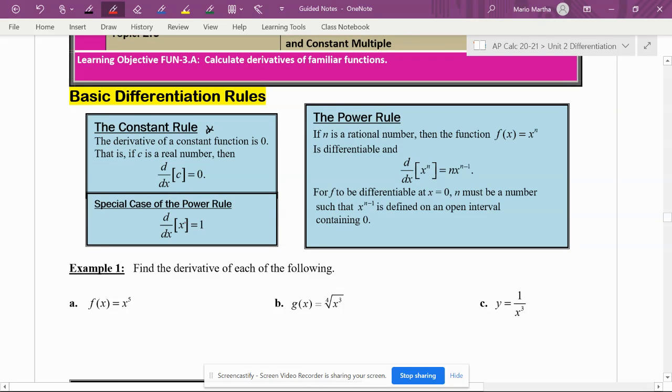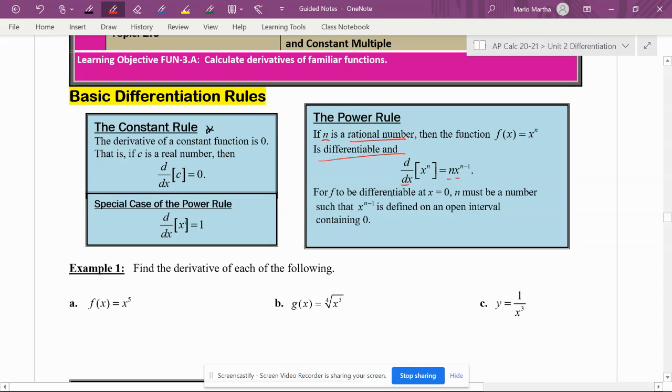Whenever you have x to the first power, the derivative of the function x with respect to x is equal to 1. And then the other power rule: if n is a rational number, then the function f of x equals x raised to the n is differentiable, and the derivative with respect to x of x to the n is equal to n times x to the n minus 1.